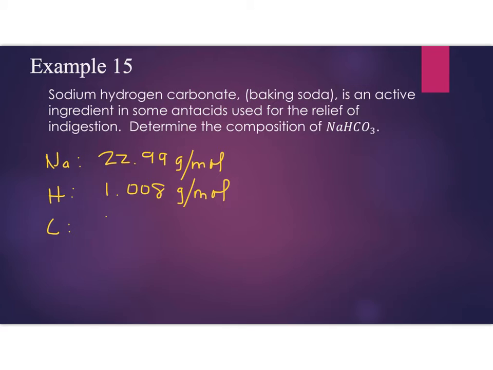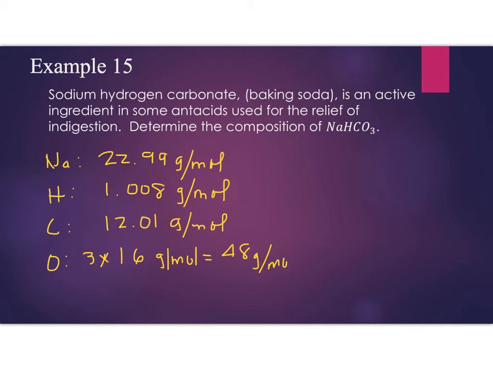Carbon is going to give us 12.01 grams per mole. And then for our oxygen, we're going to have 3 times 16 or 15.999 grams per mole. And if I multiply 3 by 16, I actually get 48 grams per mole. So if I add all of these up, I'm going to end up with 84.01 grams per mole.